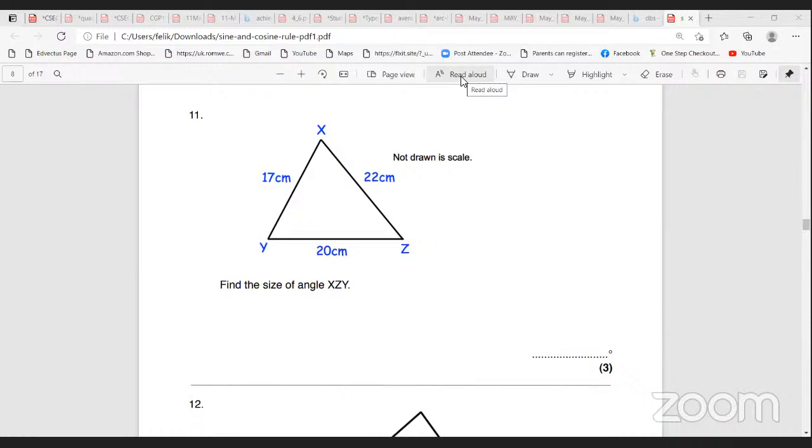So you're going to use cosine. Why cosine? Yes, because it says all three sides only. Is there any way possible for us to use sine?